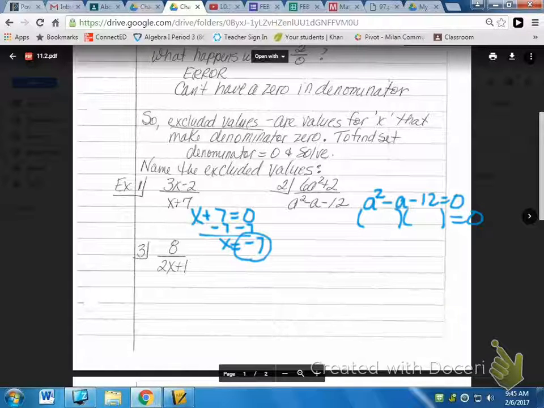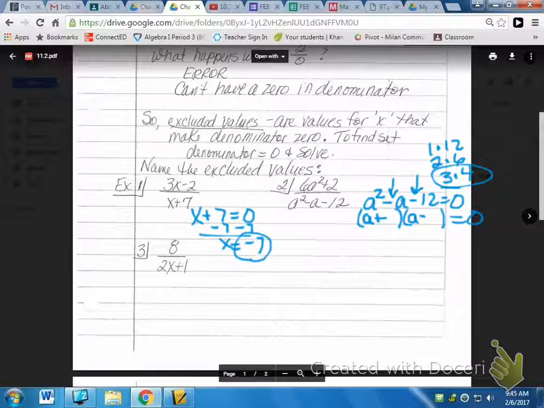What gives me a squared? A and A. Then the minus in front of the 12 means what about my signs? That they're different. Then you look at your factor pairs of 12: 1 and 12, 2 and 6, 3 and 4. We want the pair whose difference is 1, because of the middle term. So that would be 3 and 4.